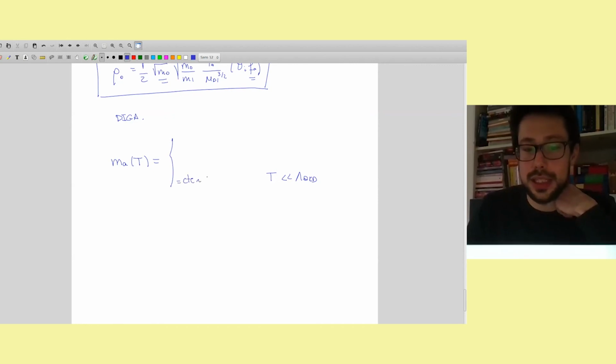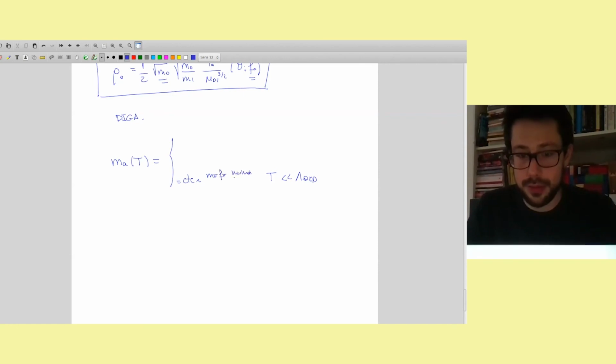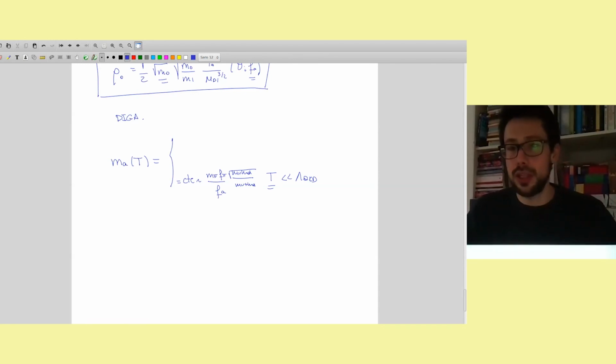And it is the usual formula that we all know of m pi, f pi, m up, m down over m up plus m down, all over Fa. This is the mass of the axion at low temperatures. So that's why in our current universe, the mass of the axion is constant, since Lambda QCD did not evolve in time.